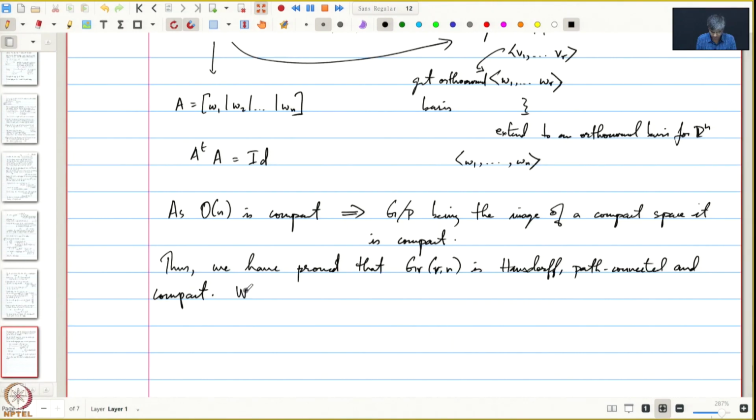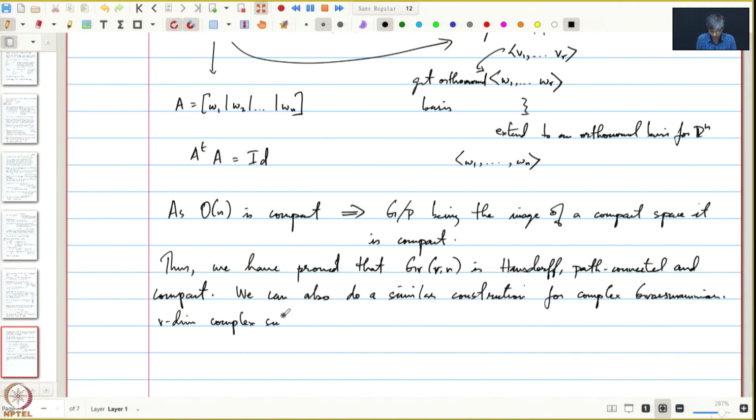So we can also do a similar construction for complex Grassmannians. There we will take r-dimensional complex subspaces of Cn.